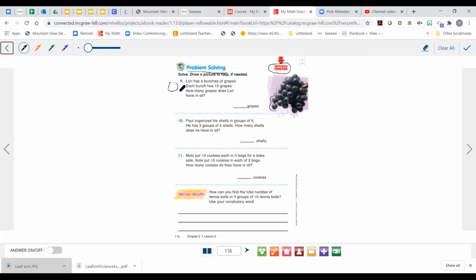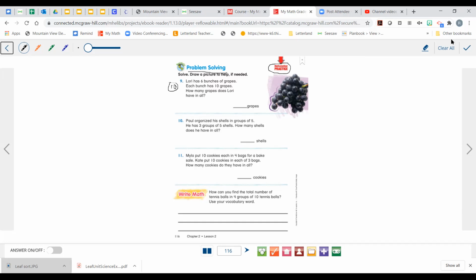So let's say this is a bunch and it's in a bag and it's labeled on the bag how many are in there. Well, there's 10 grapes inside of that. So just write the number 10. Draw your second bag and label it with 10. So instead of drawing that many, just write the number of how many there are. Okay, you could do that. That makes it a little bit quicker to do.